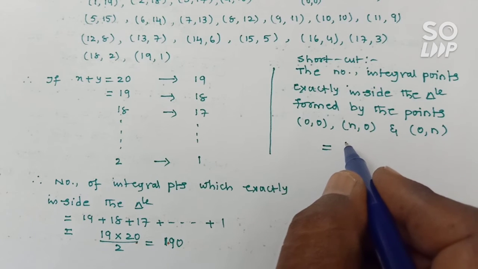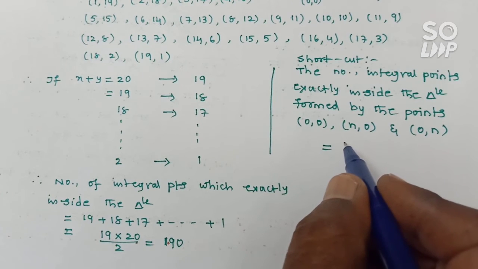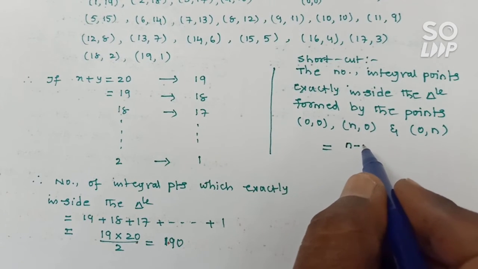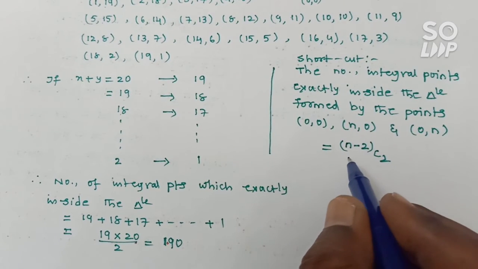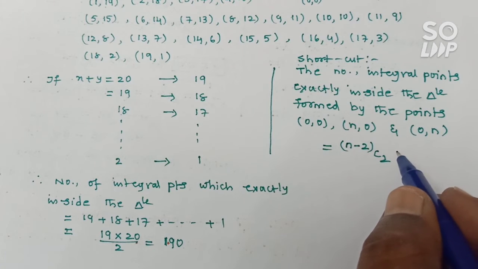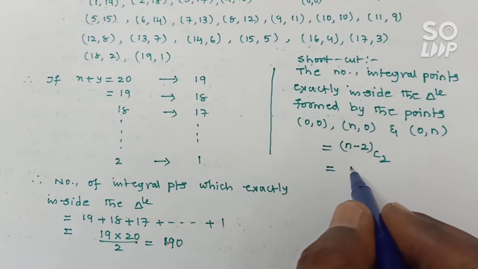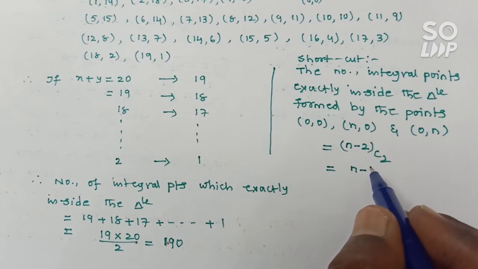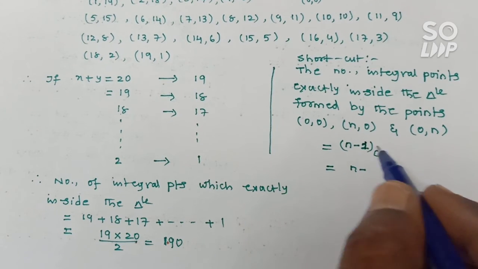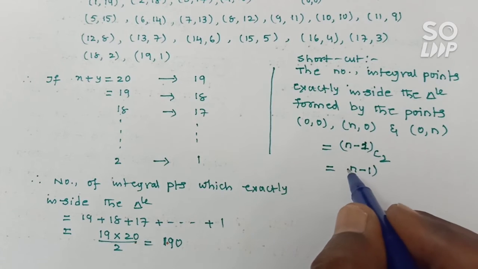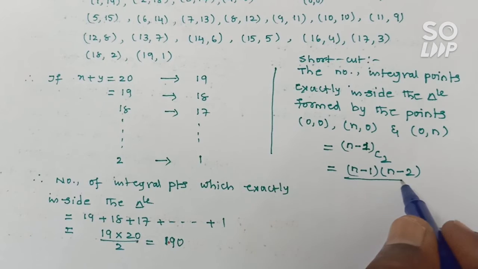n minus 1 C2, which is n minus 1 into n minus 2 whole divided by 2.